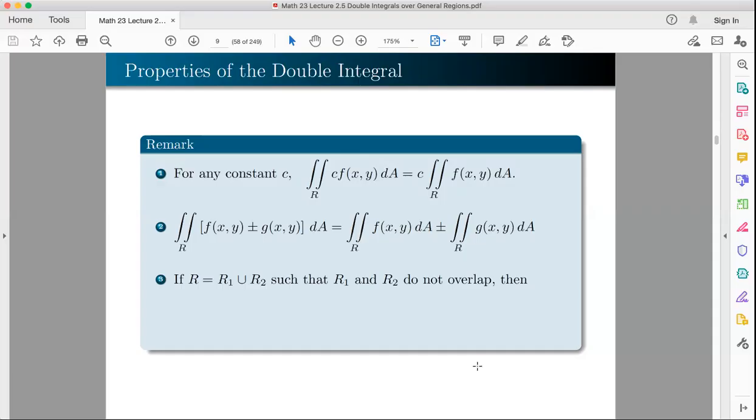Then the double integral of f over R is equal to the double integral of f over R1 plus the double integral of f over R2. So we can evaluate the double integral separately, and to get the value over the entire region, we just add up.